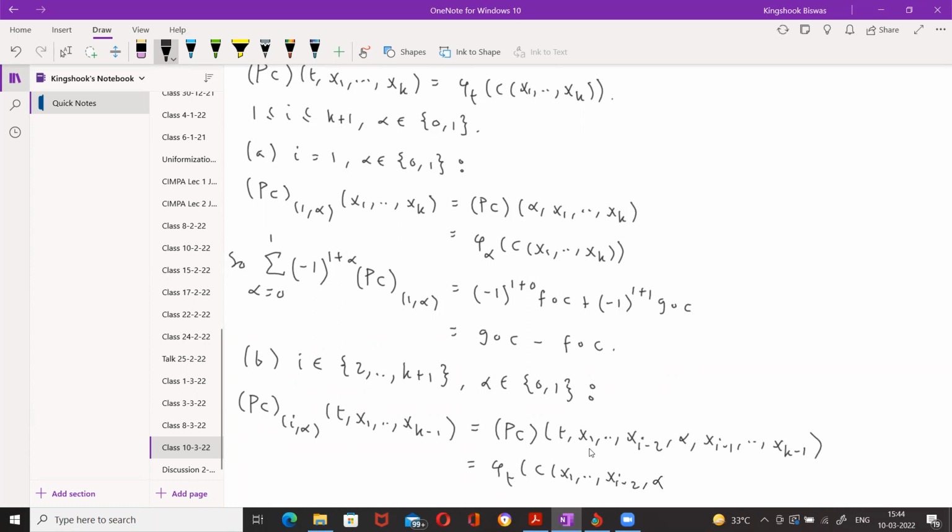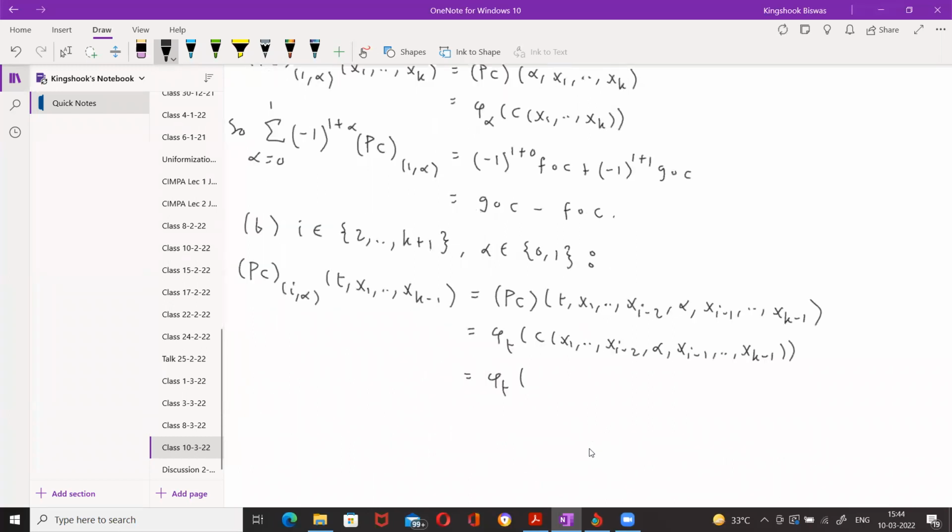This is phi t of what is inside, which is c i minus 1 alpha of x1 to x k minus 1, right? What is inside is the i minus 1th alpha face of C, because this alpha is in the i minus 1th spot for C. Yes?